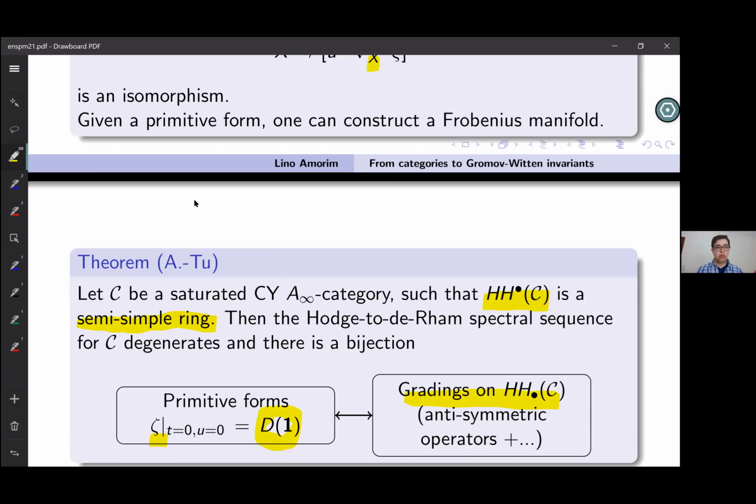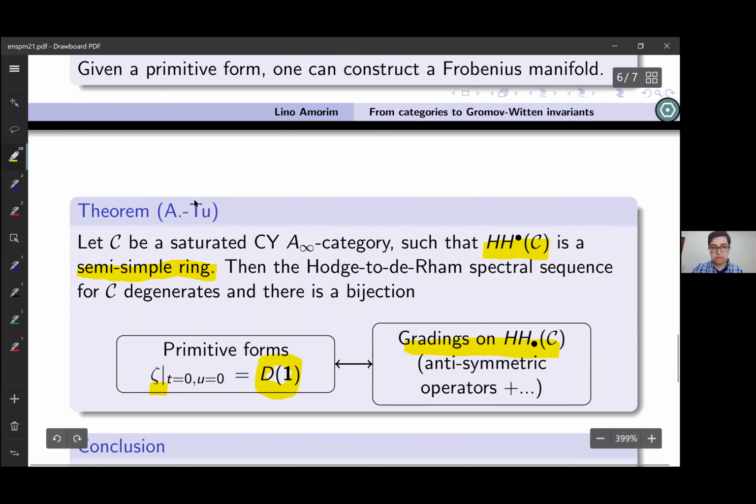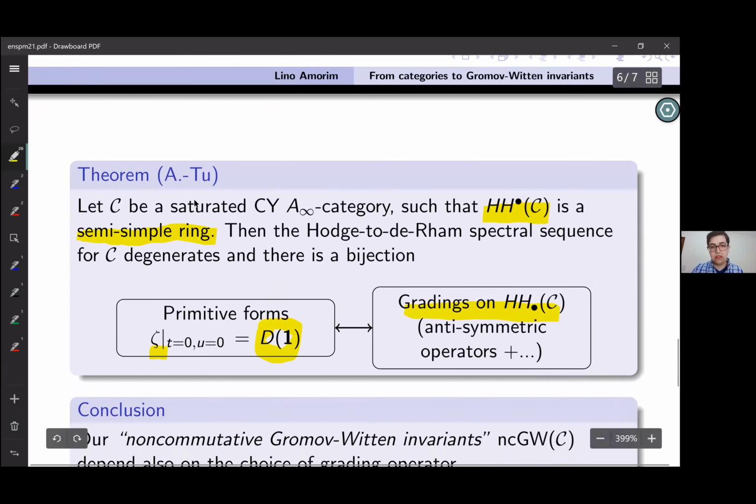So we have Hochschild homology. This comes with a pairing, which is called the Mukai pairing. And this grading is just an antisymmetric operator with a couple of extra conditions. But it's a matrix. That's the point. It's a very simple linear algebra thing. But in general, there are many choices of gradings.